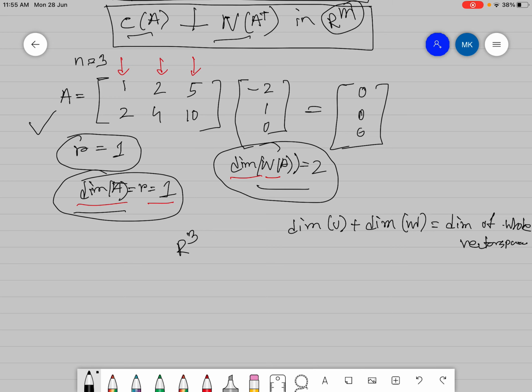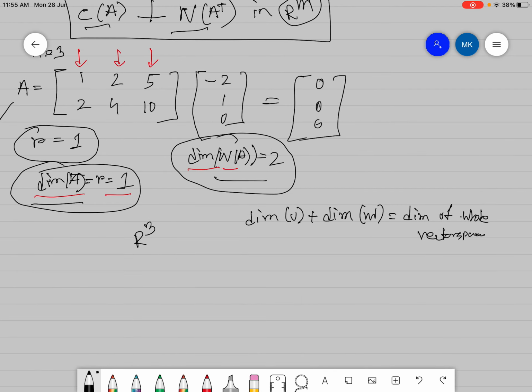If this had a rank of 2, then definitely the null space had to be rank of 1. In no way is the rank 2 and the dimensionality of the null space also 2, right?